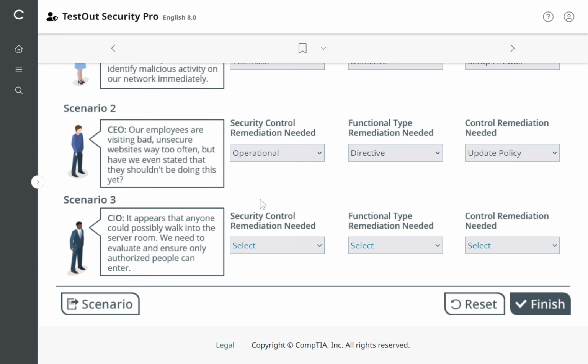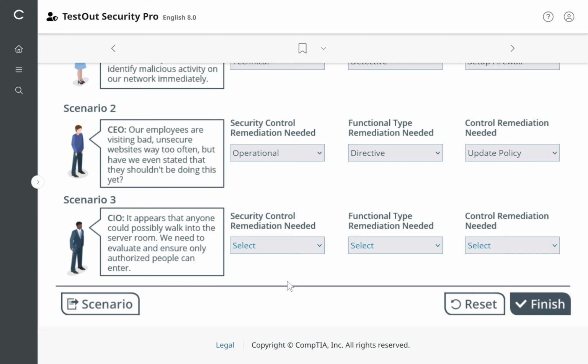And then let's look at scenario 3 from the Chief Information Officer. So remember, the Chief Information Officer is in charge of all IT assets. So it appears that anyone could possibly walk into the server room. We need to evaluate and ensure only authorized people can enter.